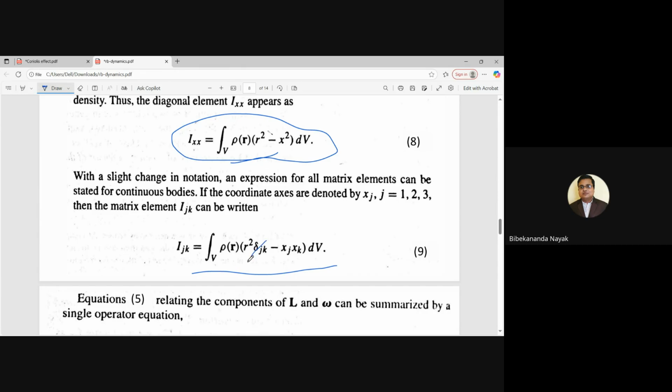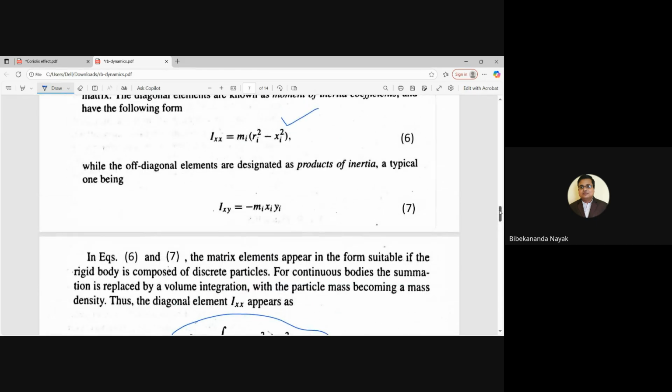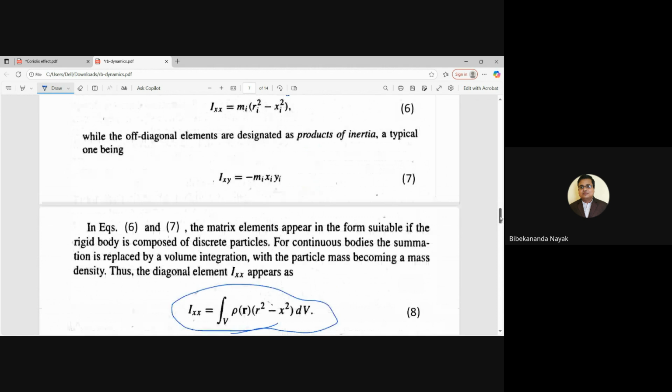Otherwise, for j not equal to k, only the product term remains, which is minus xj xk. Density means mass per volume, so we convert to a continuous system by dividing by volume and integrating over dv. So we cancel m in the previous formula.